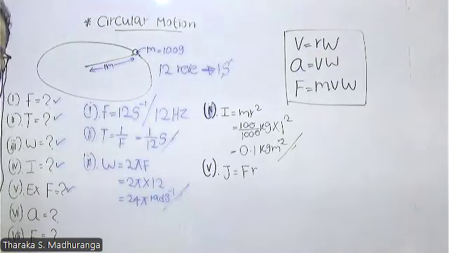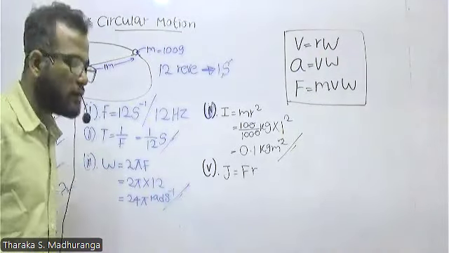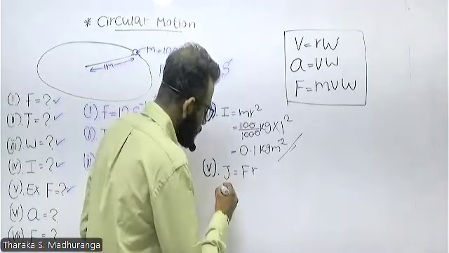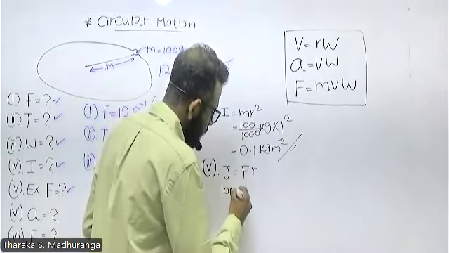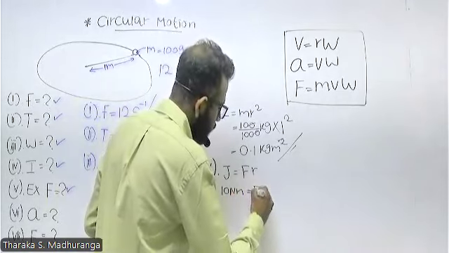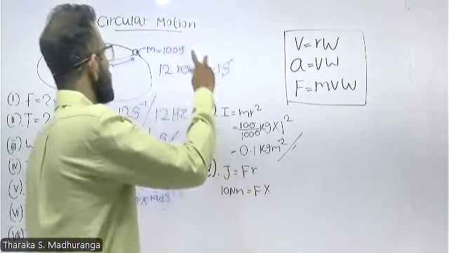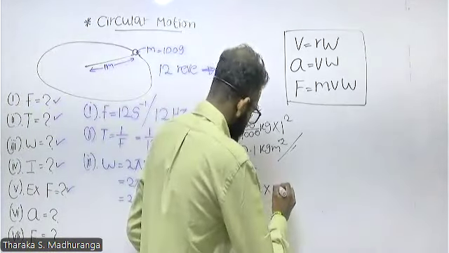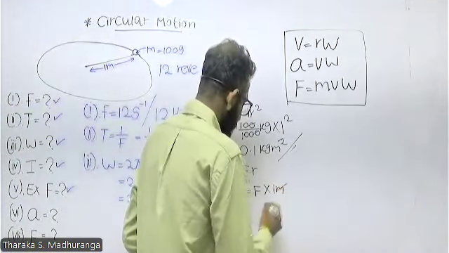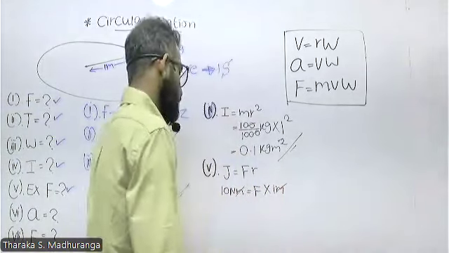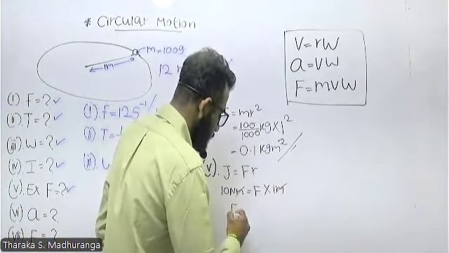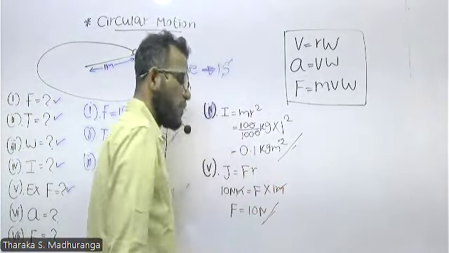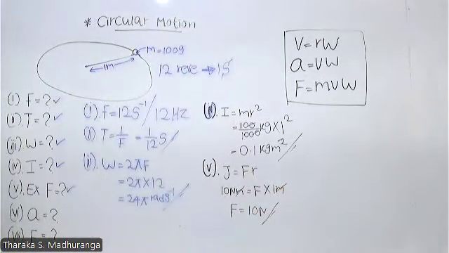The external torque is 10 Newton meter, and the radius R is given as 1 meter. Meter to meter cancels, so the external force is 10 Newton. Very simple.